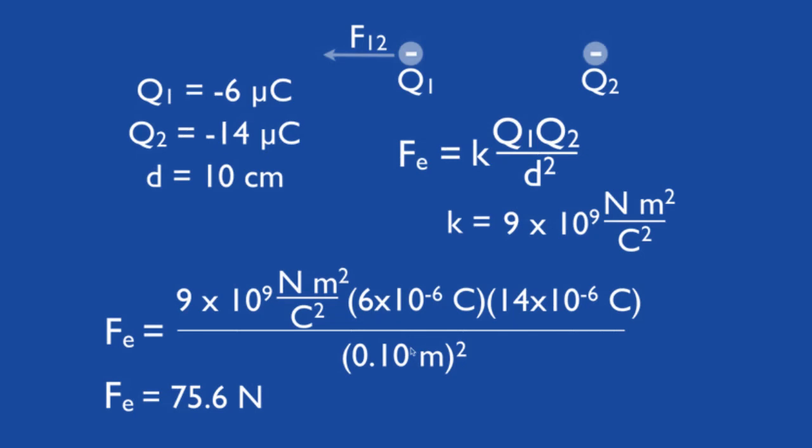We already said earlier that this is just the magnitude, so we didn't put the negative sign in. We just take the positive value. This is the magnitude of the force.